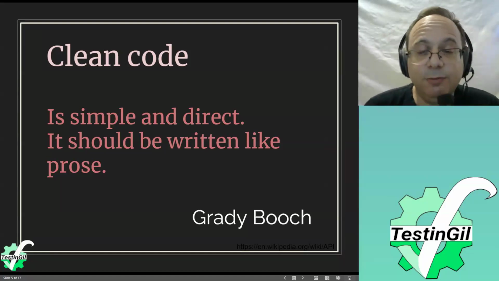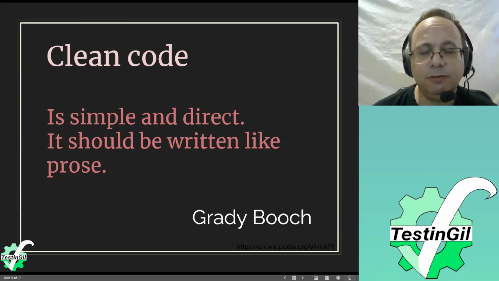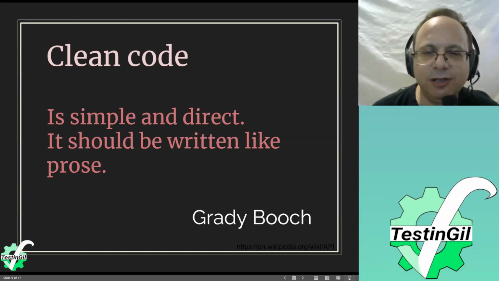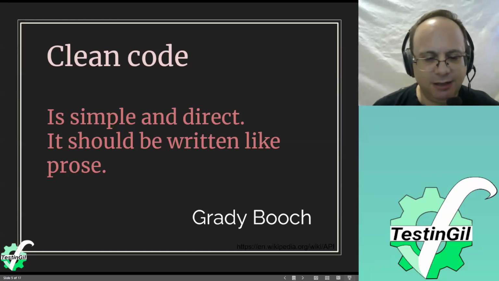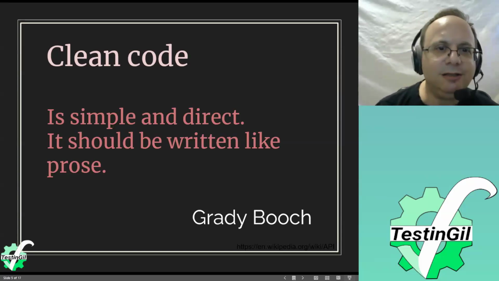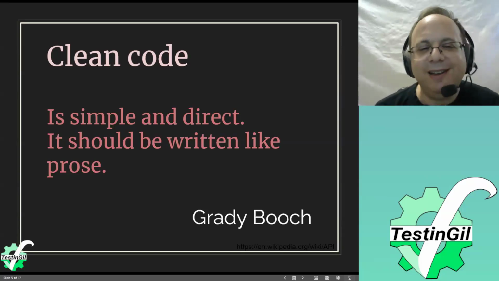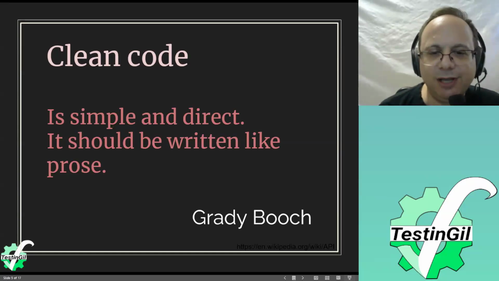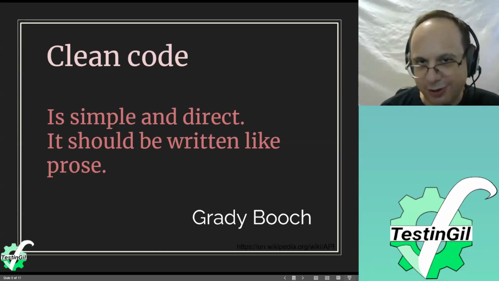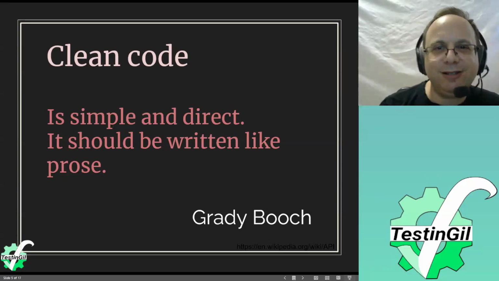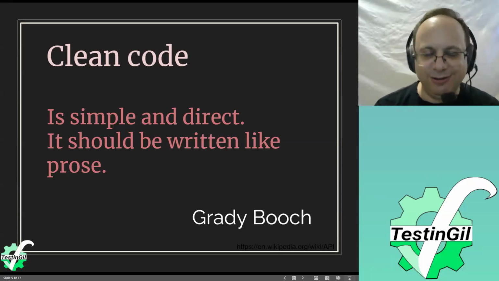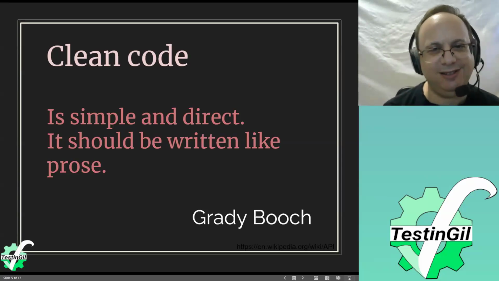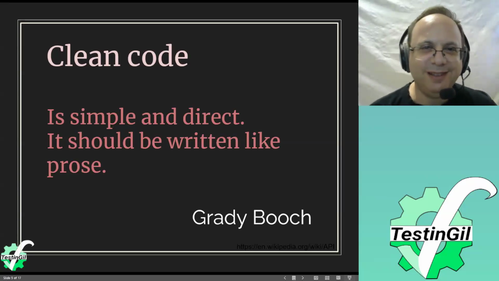First one is from Grady Booch. Grady Booch was one of the people who created the object orientation movement, part of Rational in the 90s. Cool guy. And he said that clean code is simple and direct. It should be written like prose. Think about the last code you saw, any code. Does it read like a book?